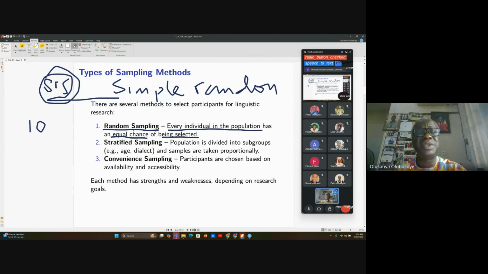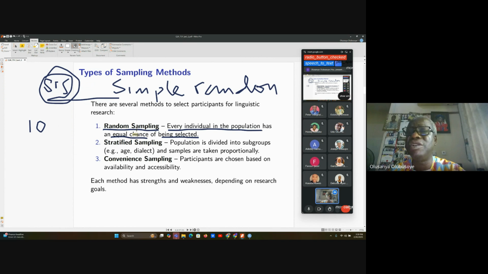Simple random sampling ensures that it doesn't matter your gender, it doesn't matter your background, as long as you are a member of the population, then you can be selected. This is usually done when you use the lottery method.